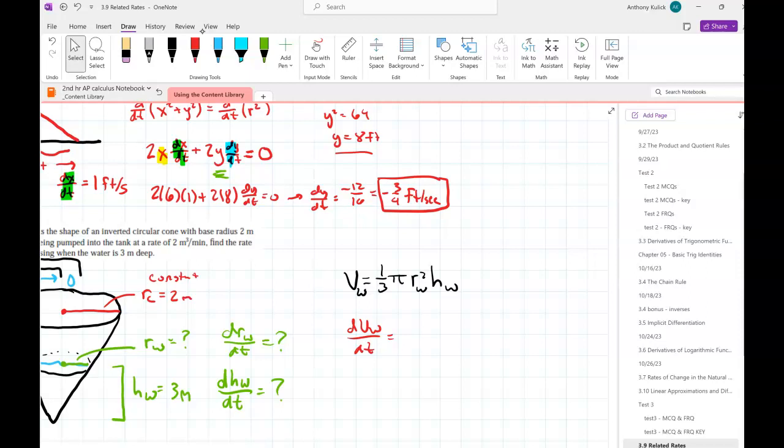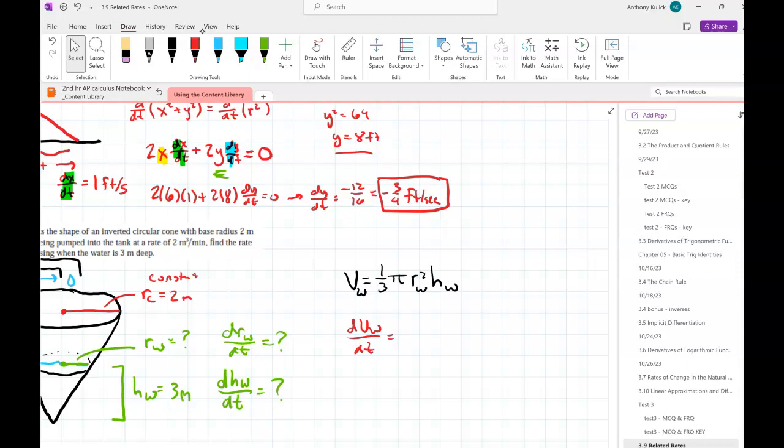So here's why I think we're in trouble right now. We don't know RW, we don't know dRW/dt, and we have no way to get dRW/dt. If it's not given to us in the problem, we need another equation that involves just the radius, which we don't have a way to create.